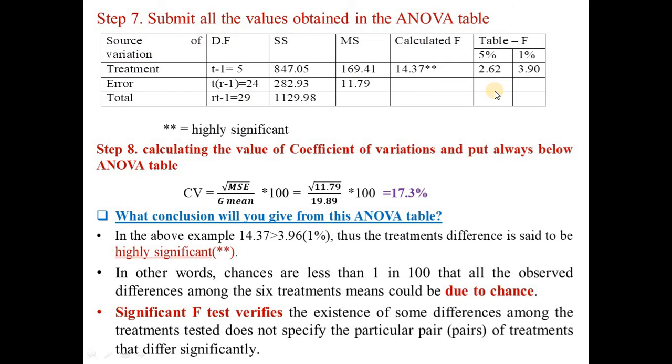It doesn't tell us the extent or degree of variation of the treatment pairs, that is, which treatment is greater than another, or how much greater. This information is not obtained from the ANOVA table. Rather, we can obtain it by conducting the mean comparison table. But for our example, this is enough.